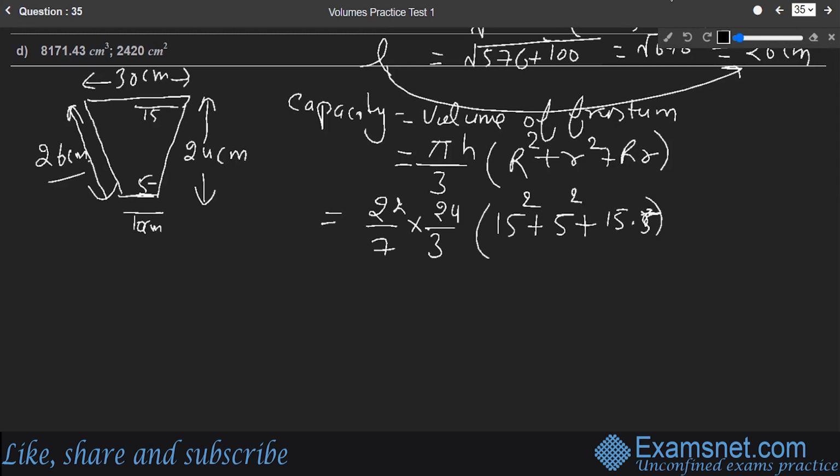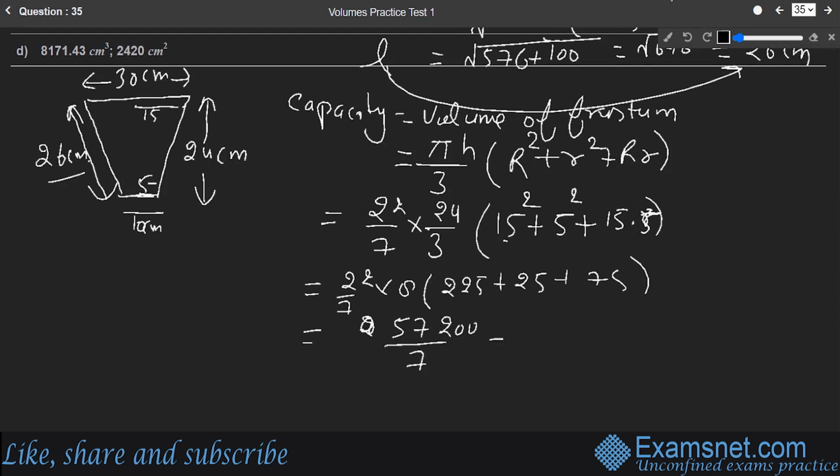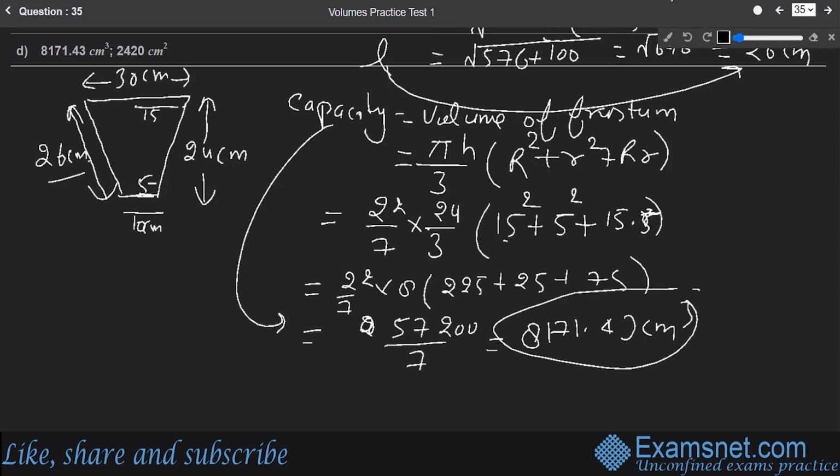If we solve this further, this is 22 by 7 into 8 into (225 plus 25 plus 75, since 15 into 5 is 75). This comes out to be ultimately 57,200 divided by 7, that is 8171.43 centimeter cube. So that is the actual volume or the capacity of the frustum shaped dustbin.